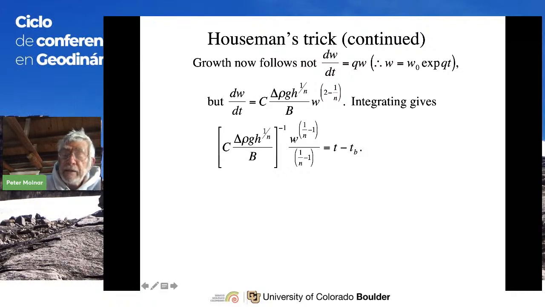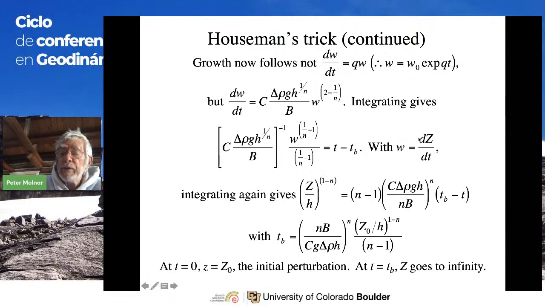Now, we can take this and go further. We can say, well, W is the rate at which the bottom of the blob sinks. We can do a bunch of mathematics. This is too fast for you to follow. I don't expect you to. But what you get is that the downward position raised to the 1 minus nth power varies with time, just as the downward speed to another negative power varies with time.